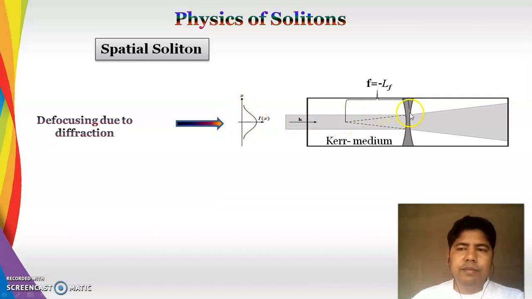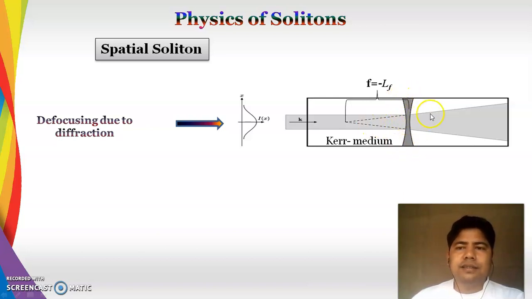Due to the dispersion of this medium, the pulse will be dispersed like this, so this medium behaves like a concave lens.